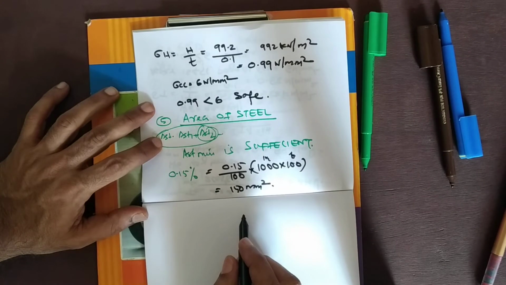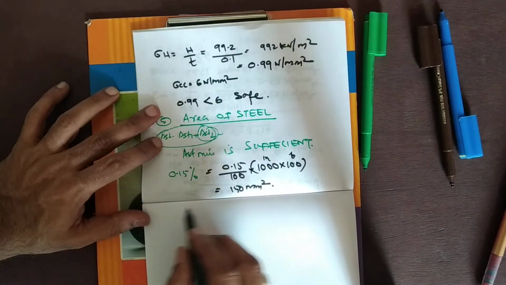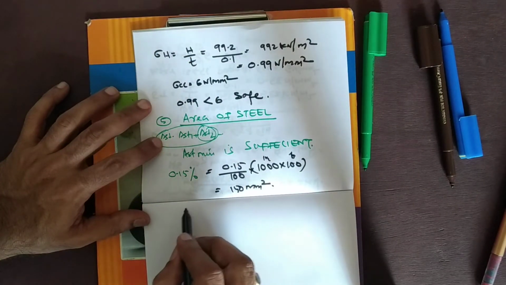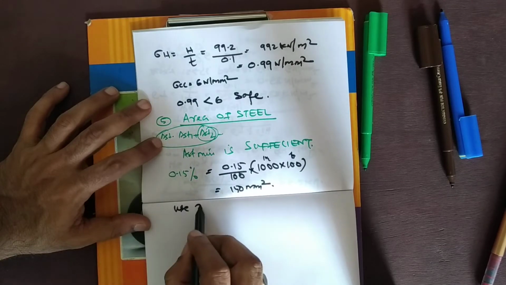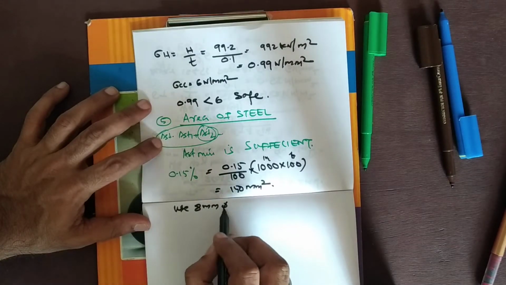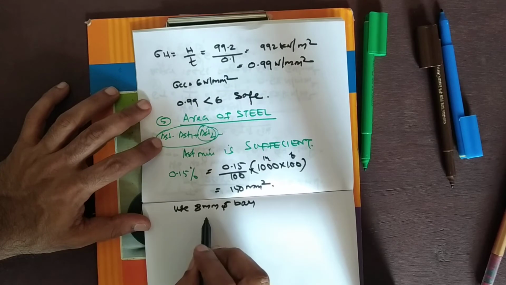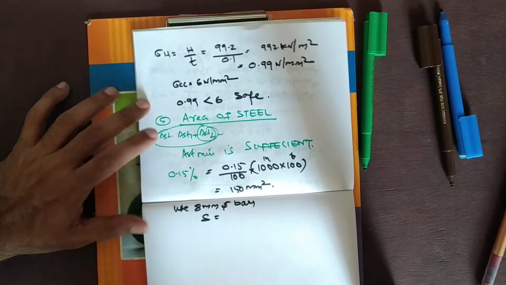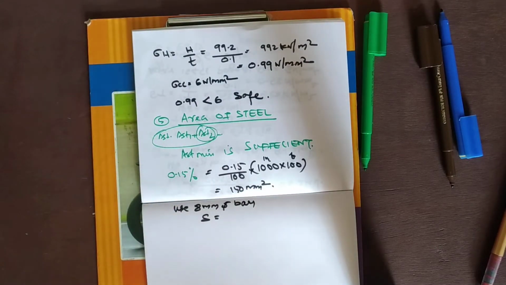Okay. So let us find out the spacing. I think use 8 mm dia bars, and spacing is equal to the spacing of 8 mm dia bars.